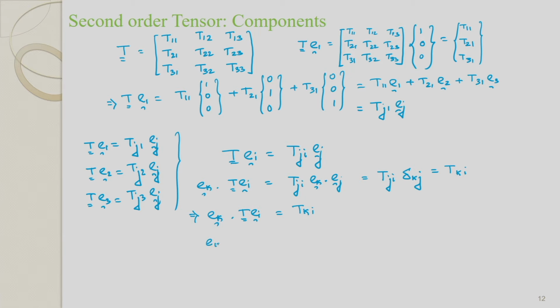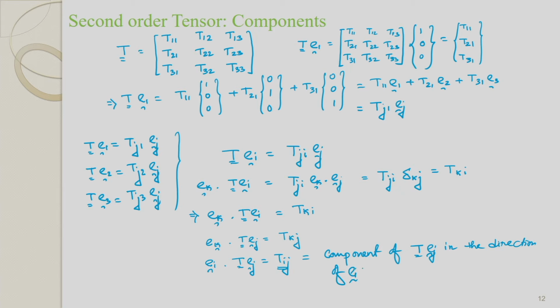For convenience, we replace i by j, it does not matter which symbol we use, and then Tij is nothing but the component of Tej in the direction of Ei.